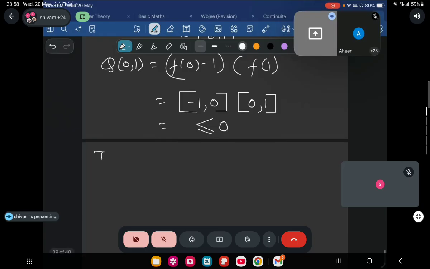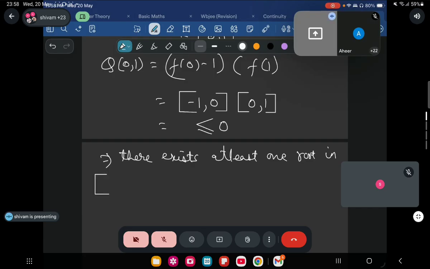This implies there exists at least one root c belonging to [0, 1] such that q of c is equal to 0.